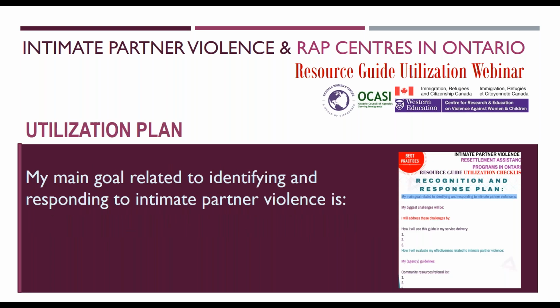The first question is, my main goal related to identifying and responding to intimate partner violence is... So think about your main goal. It could be getting a general understanding of the dynamics of intimate partner violence, or building your skills in assessing risks and warning signs. It could be anything. So think about your personal goal regarding IPV.